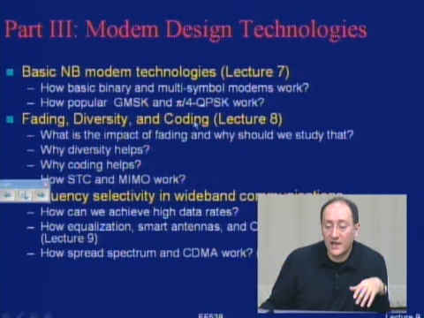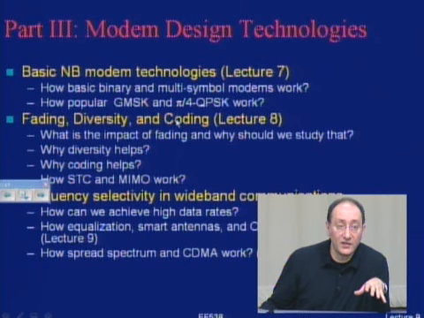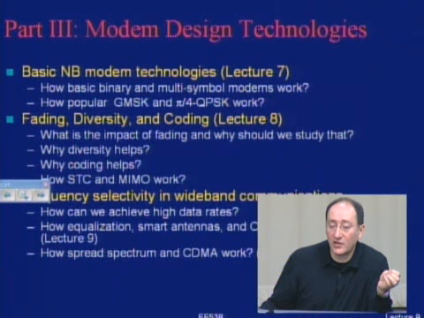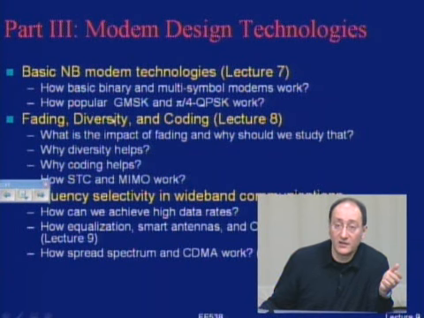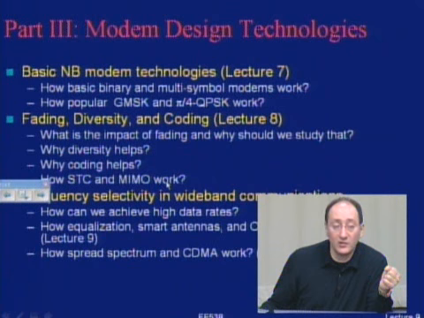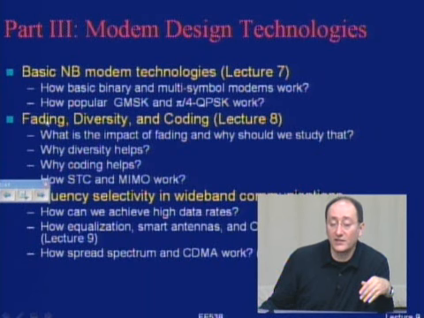And then as an example, I gave you coding, one technique that was taking advantage of a sort of time diversity, if you want to call it. And also we talked about space-time coding and MIMO systems as techniques which are useful in counteracting the effect of fading.